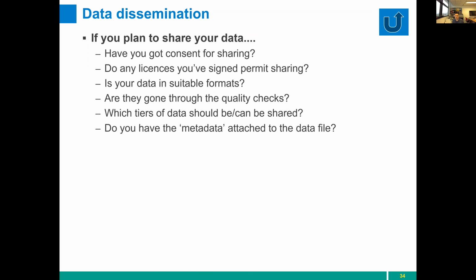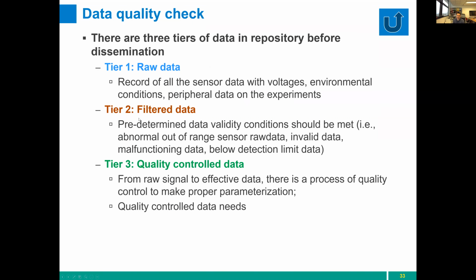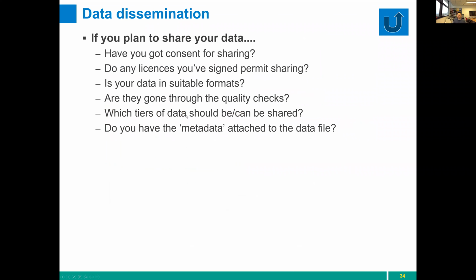But if you generate some strange data set, or if you zip it using a very strange version of compression software, that becomes a problem. So share your data in a suitable format. Have you gone through all the quality checks? Never send out poor quality control data, because every time people have questions, your credibility loses marks.